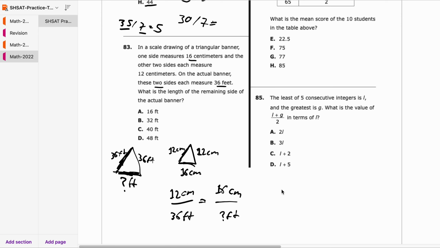And now we can solve for the question mark by cross multiplying. And we would get 48 feet. So that would be the length of the remaining side.